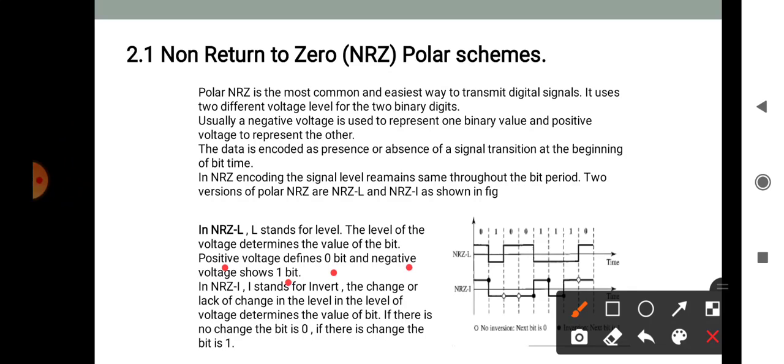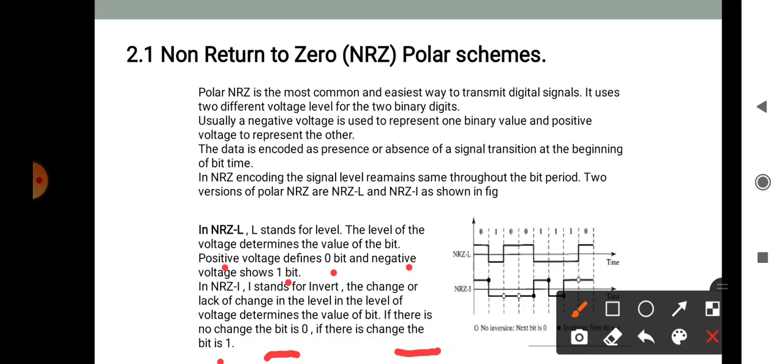And NRZ-I stands for invert, and the change or lack of change in the level of the voltage determines the value of the bit. Here the rule is no change, the bit is 0, and if there is any change, then the bit is 1.